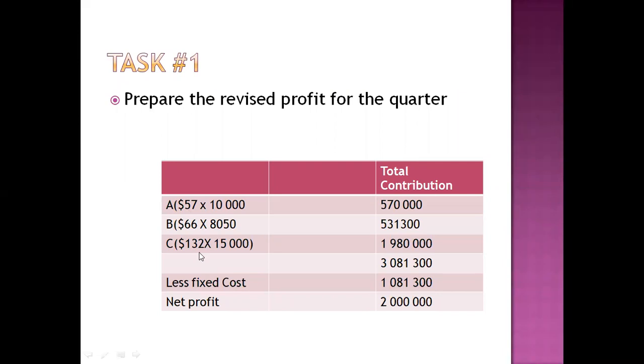Contribution per unit times the output, the revised output 10,000, the revised output 8,050, revised output 15,000. You get your totals, total contribution, and remember, total contribution minus fixed cost, you get your net profit. This is how you are supposed to do the maths.